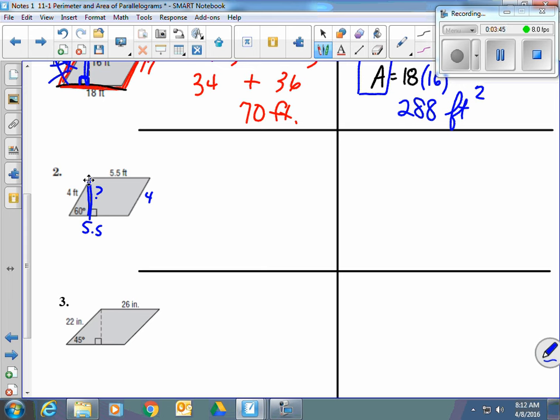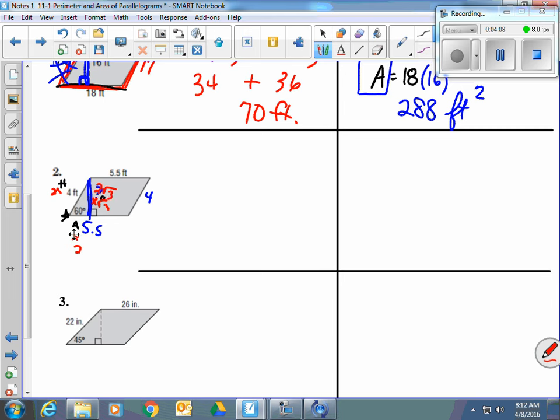On this one, you can use trig, do your star, hypotenuse, opposite, adjacent, or you can go back and use your 30, 60, 90 where it's x, 2x, x radical 3. So if 2x is 4, that means x is 2. That means this one right here is 2 square roots of 3.